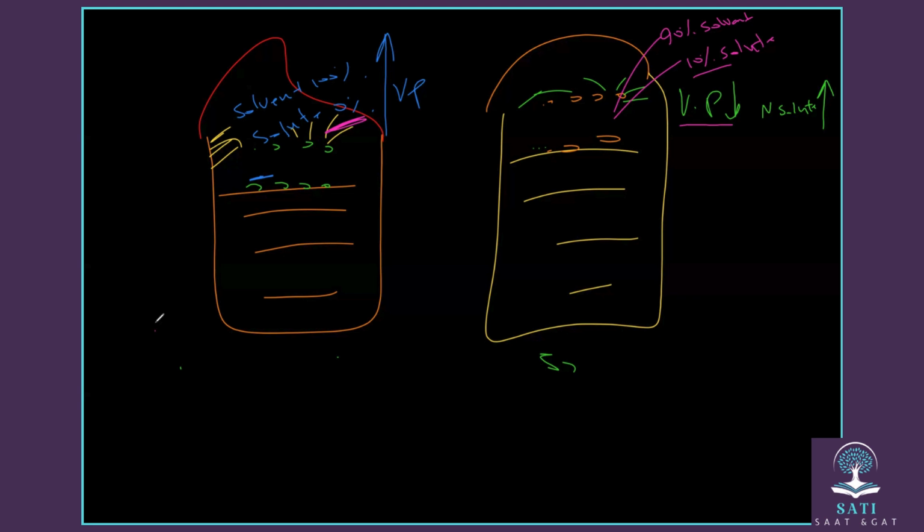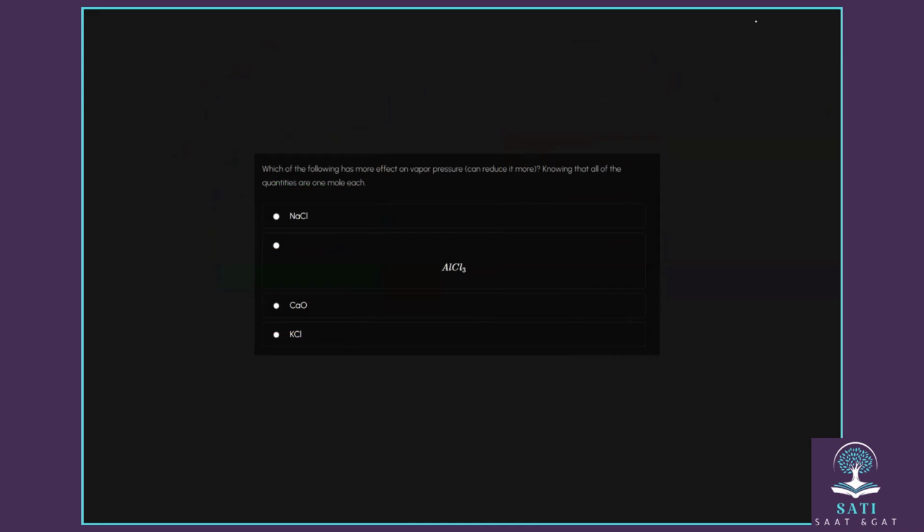Okay, we have here just some examples. Which of the following has more effect on vapor pressure? That means can reduce it more, knowing that all the quantities are 1 mole each. Okay, look here now. Here we have a solution, and this solution has NaCl.